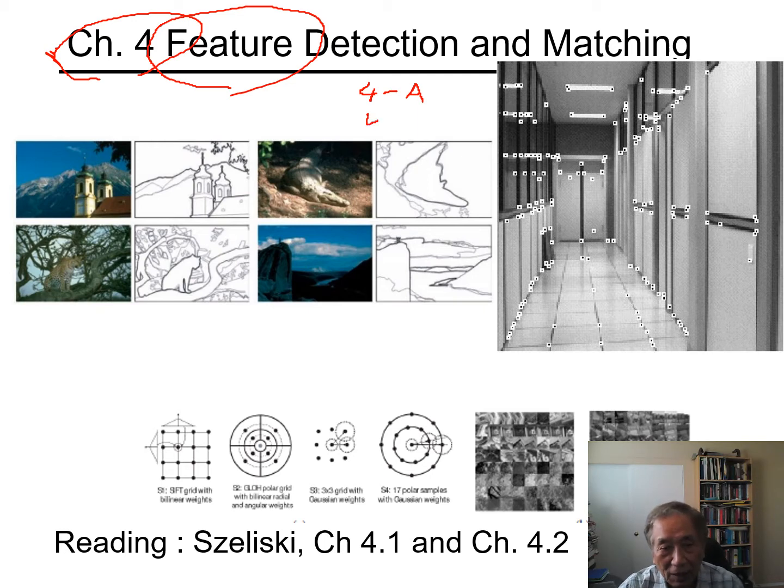And then 4B was exclusively about Hough transformation, and this one, feature detection and matching, is under the title of 4C. So you can find the PowerPoint files corresponding to those subjects like 4A, 4B, and 4C.